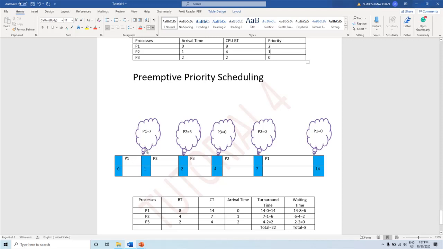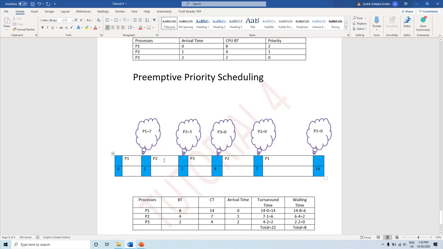When P1 is taken out, it has finished 1 millisecond so far and has 7 milliseconds remaining in its burst time. P2 is now given the CPU by the scheduler. P1 goes to the ready queue again and waits there in the ready state.